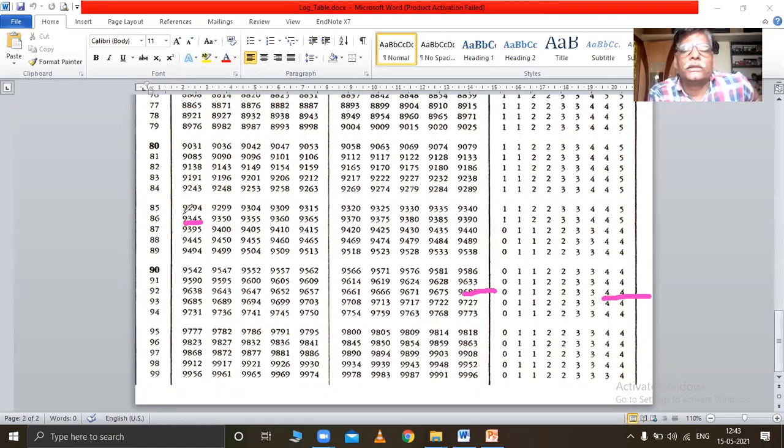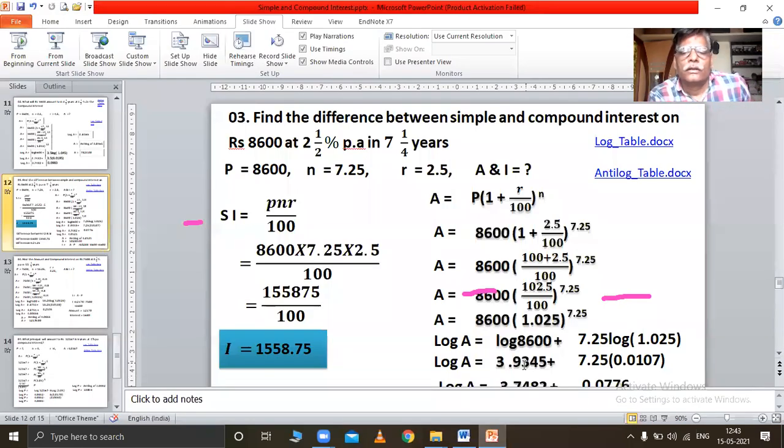Are you getting my point? This is the way of using the logarithm table. Clear? Now you see here 9345. Then come to the next, 1.025. How to see this number in the logarithm table? 1.025 is the number.